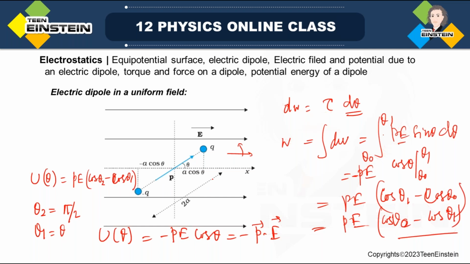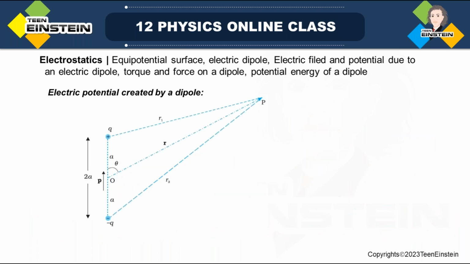All right, so we'll just move on to the point where we are. Here, electric potential. We'll find out the electric potential due to an electric dipole, the electric potential created by an electric dipole.